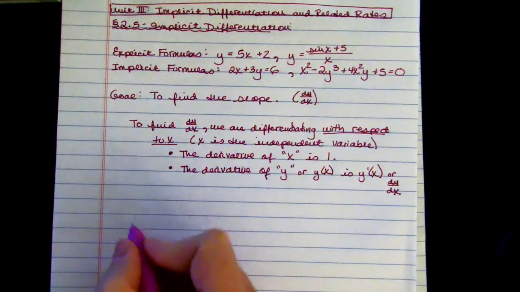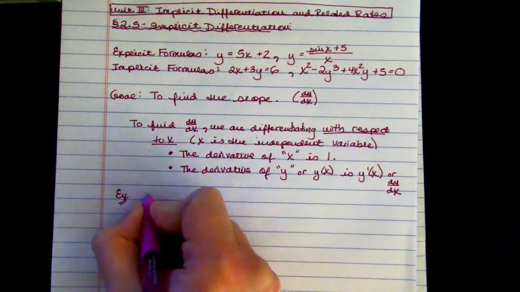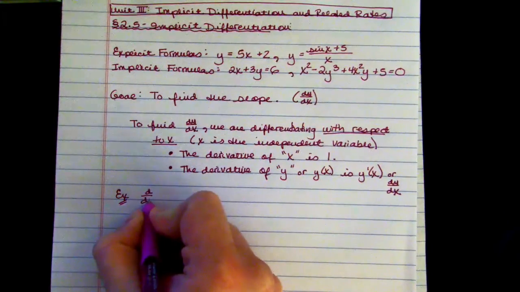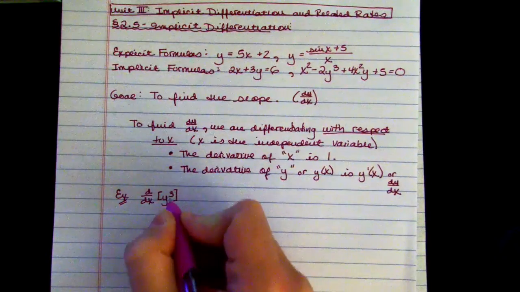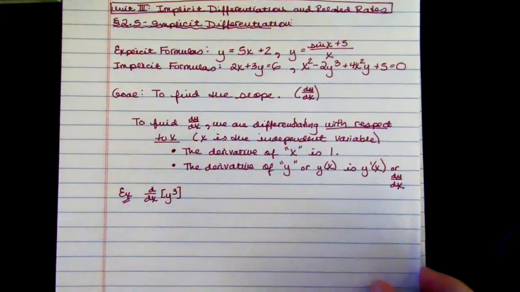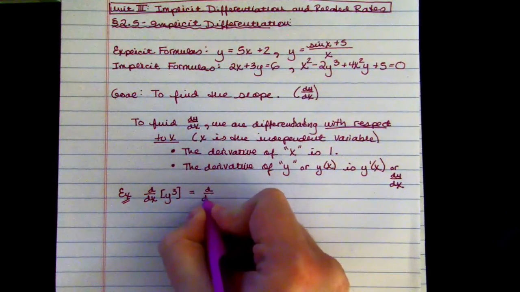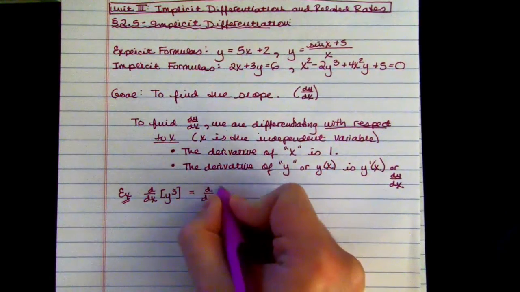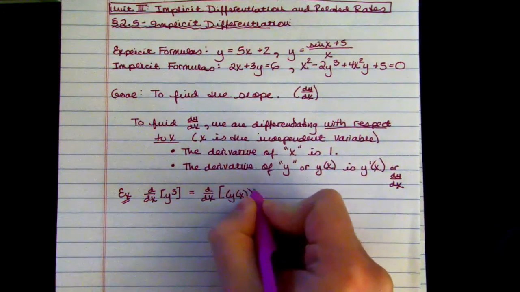So let me show you how this is all going to work. Our first example, I want to find the derivative of y cubed. Now, I'm not going to go through all the work that I'm about to show you for most problems. We're going to use some shortcut ideas. But y cubed is really like saying y of x, that thing, cubed.